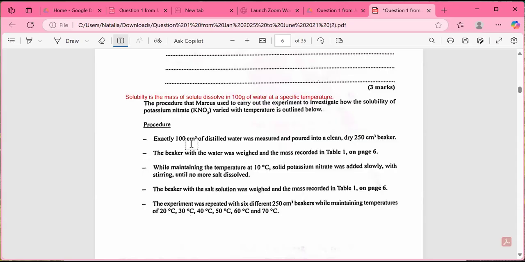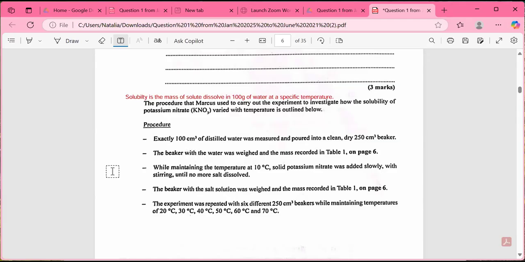Because we know the weight of the beaker and the water, we will be able to determine what mass of potassium nitrate dissolved at 10 degrees Celsius by taking this new weight of the beaker, the water, and the potassium nitrate, and subtracting from it the mass of the beaker and the water. Is that clear?